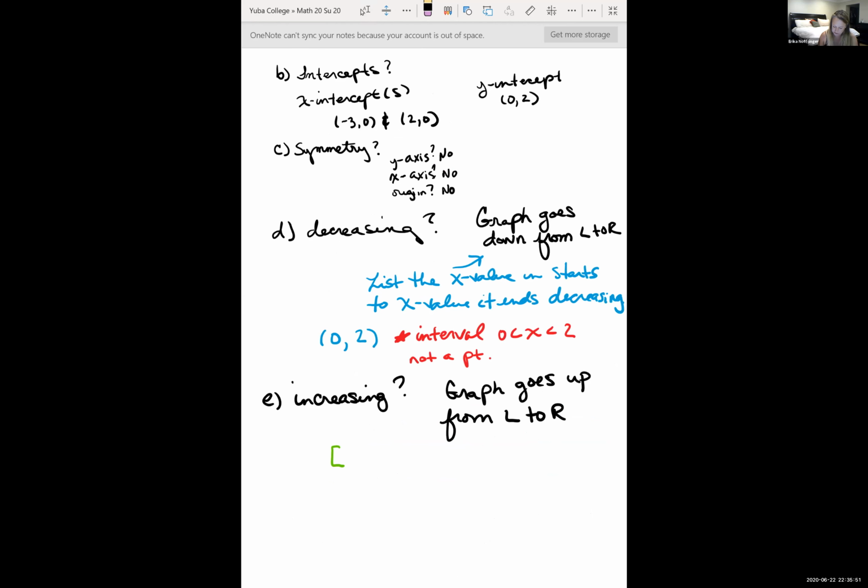So -3, we're going uphill. We stop when x is 0, parentheses, union, and then we start again when x is 2, and then we increase until we go to infinity.